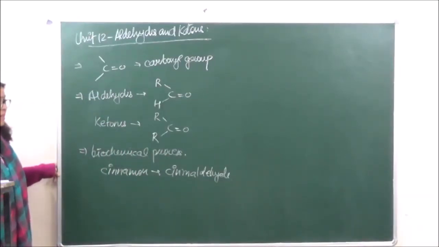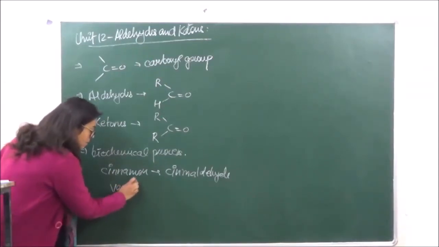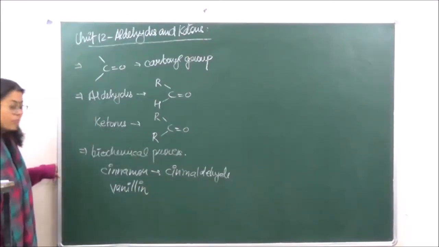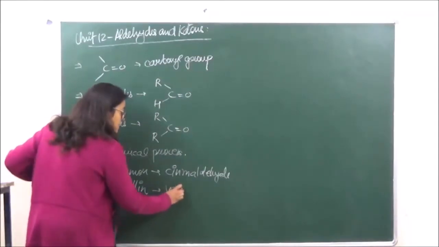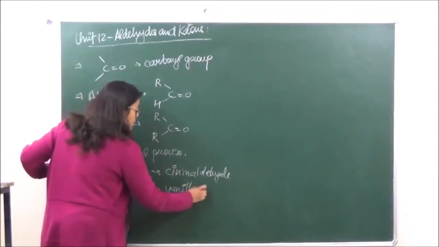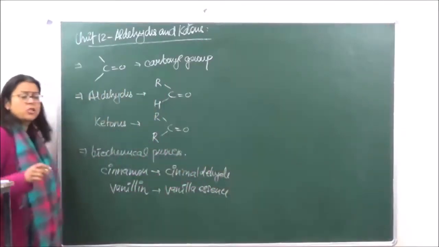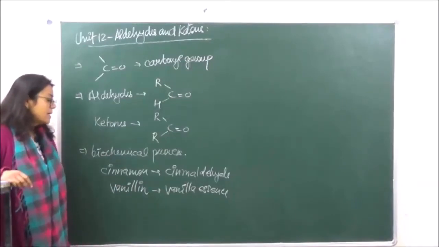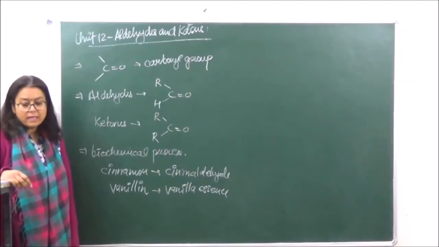Similarly, we have another chemical which is known as vanillin. From vanillin, the vanilla, which is generally put in the bakery industry or in ice creams and all, has a very sweet smell. That is another constituent of aldehyde, which is vanillin.